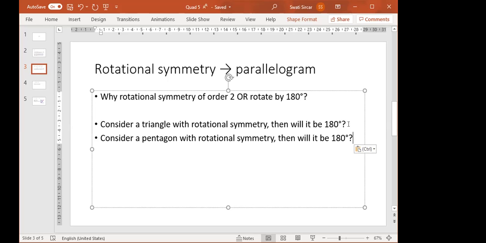Okay, 72 degrees. So not 180 degrees, right? And now here's the thing. For a triangle, is it 60 degrees? Are you sure?